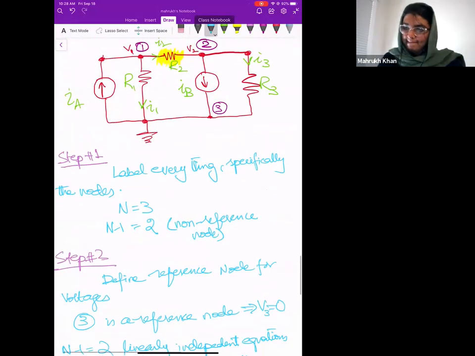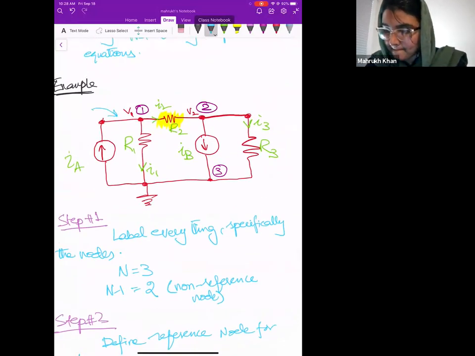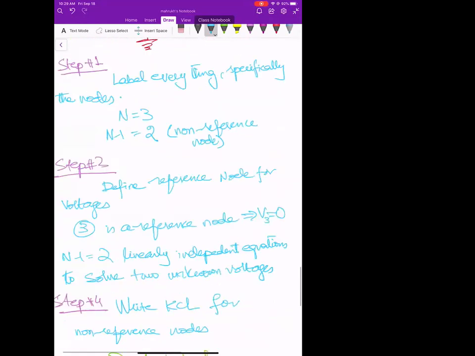Can I do that? Right? Am I clear about node 1? Yes. Okay.